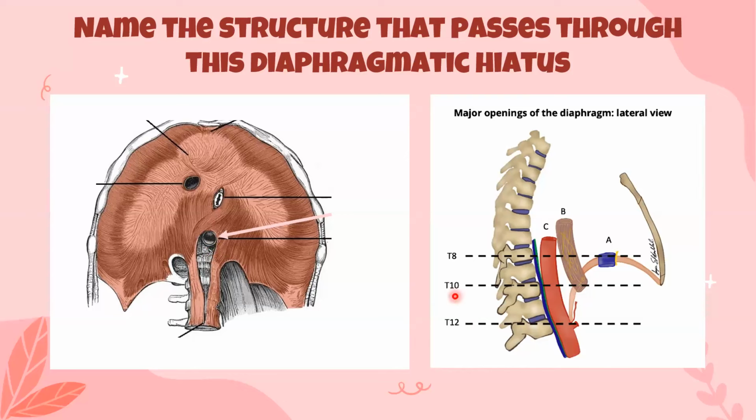This crosses at T10. Now, above that, at T8, you have your inferior vena cava that basically just exits from behind the liver and wants to go up immediately to the right atrium. Is that clear for everyone? Perfect. Moving on.